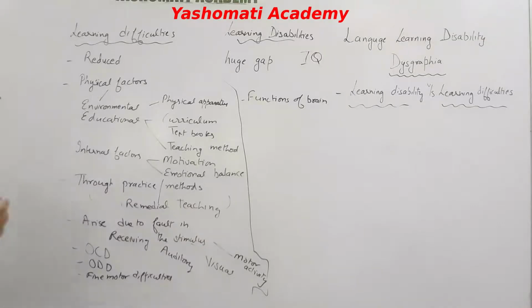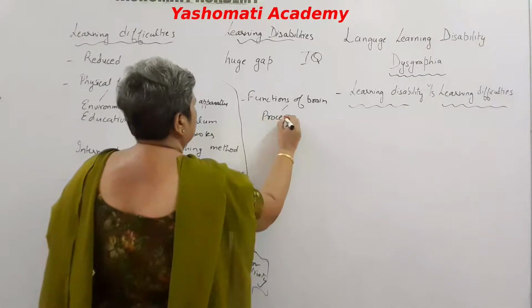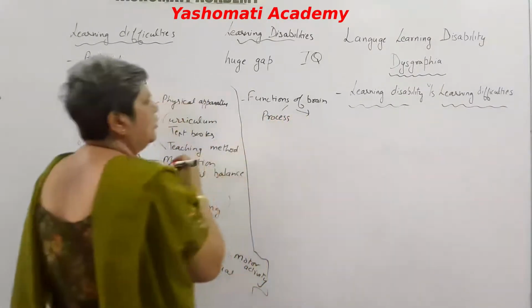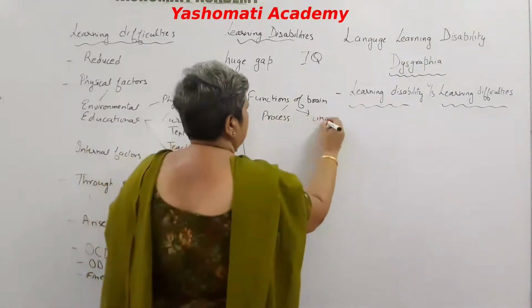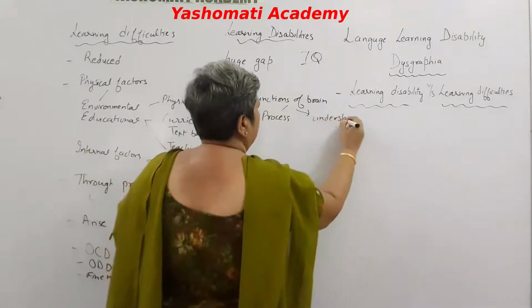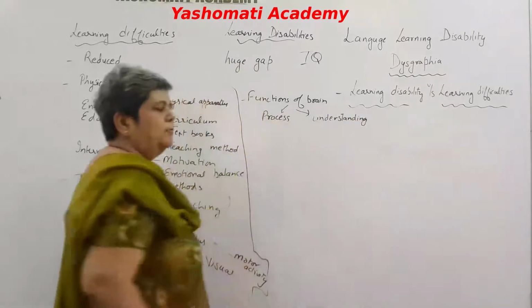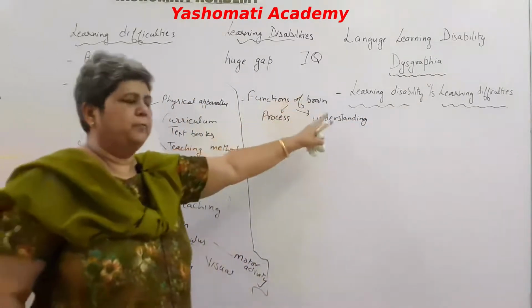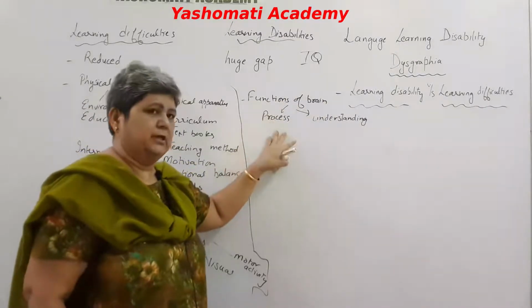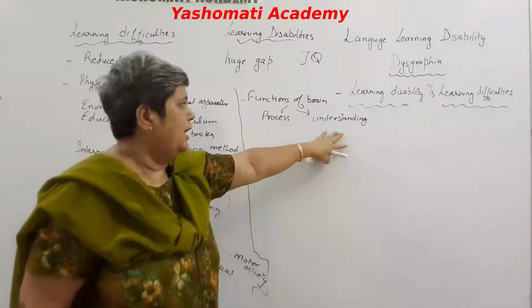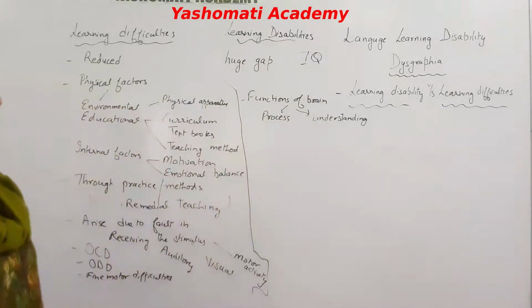What is the major function of the brain? The brain helps us to process the information and it also helps us in understanding. So when the problem lies with the functions of the brain, and the brain is not able to process the stimulus or the information and not able to understand, then learning disabilities appear.